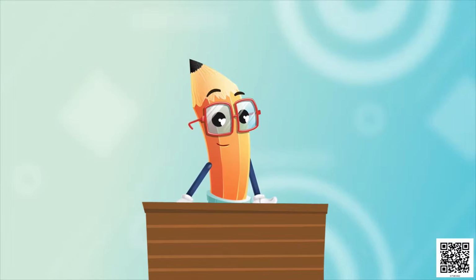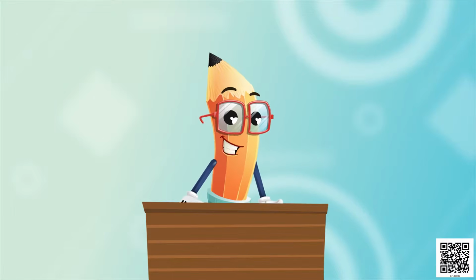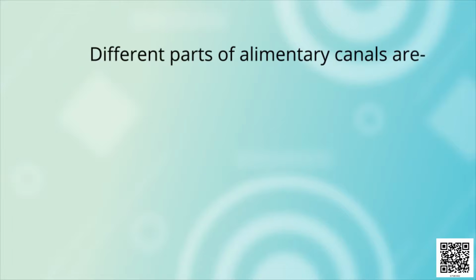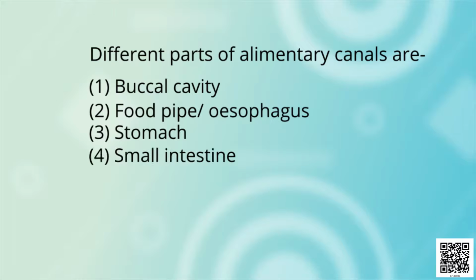Amoeba ingests its food with the help of its false feet or pseudopodia. Different parts of alimentary canal are buccal cavity, food pipe or esophagus, stomach, small intestine, large intestine, anus.